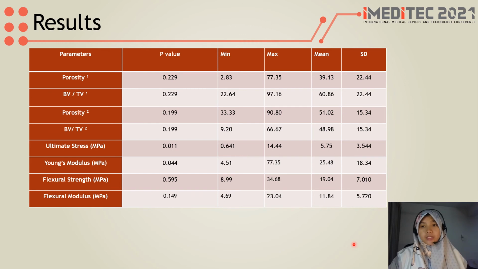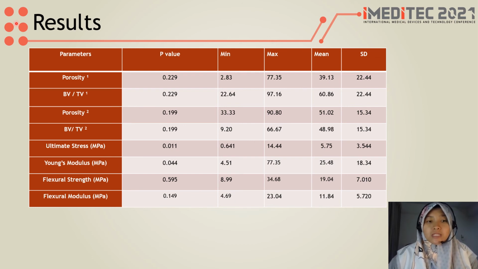The tables here show the results for porosity of the cancellous bone specimens used in compression and in three-point bending tests, and also the bone volume fraction between the two types of specimens, and the results of ultimate stress, Young's modulus, flexural strength, and flexural modulus.